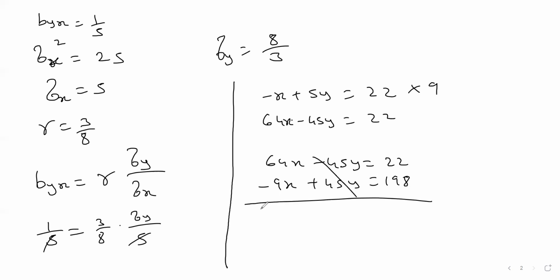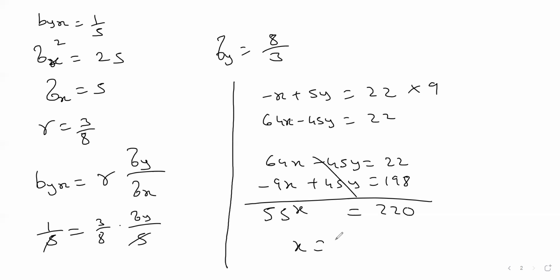I will add them, so y will get cancelled. 64 minus 9 is 55x is equal to 198 plus 22, that is 220. So x will be 220 divided by 55. That is 4. So bar x is 4.